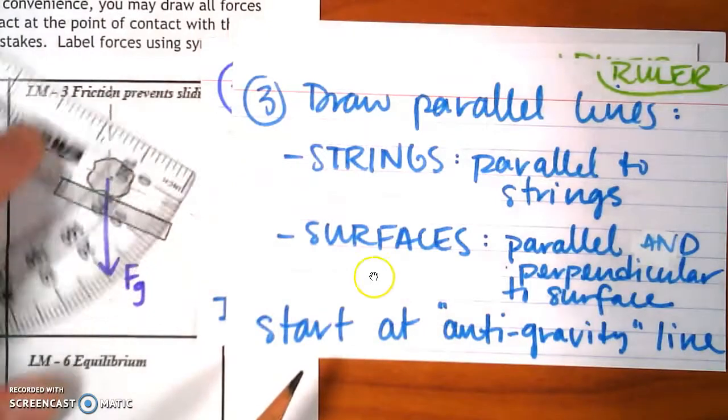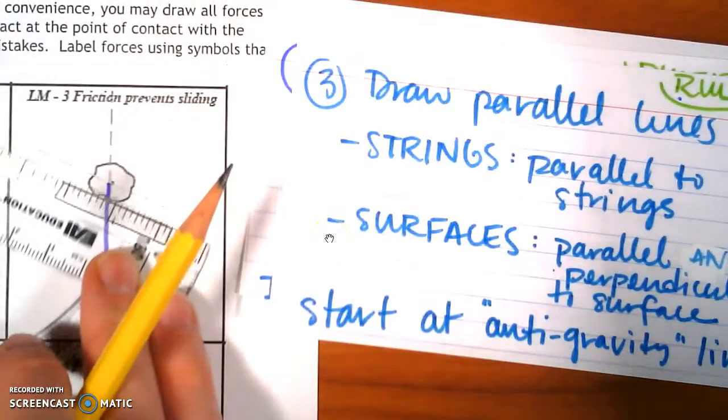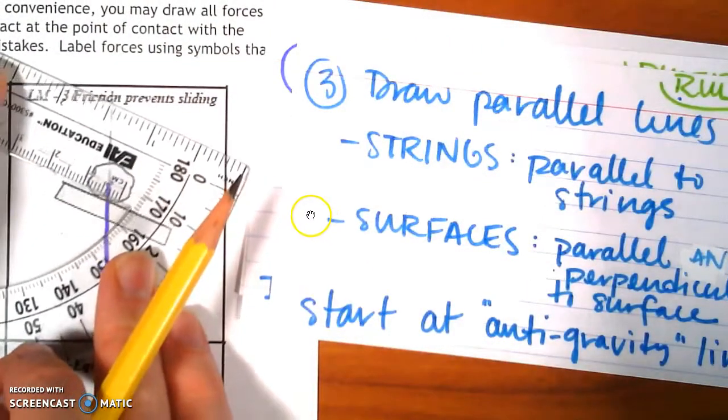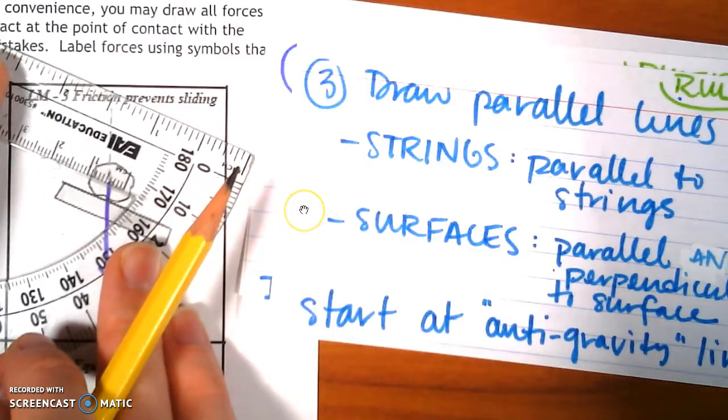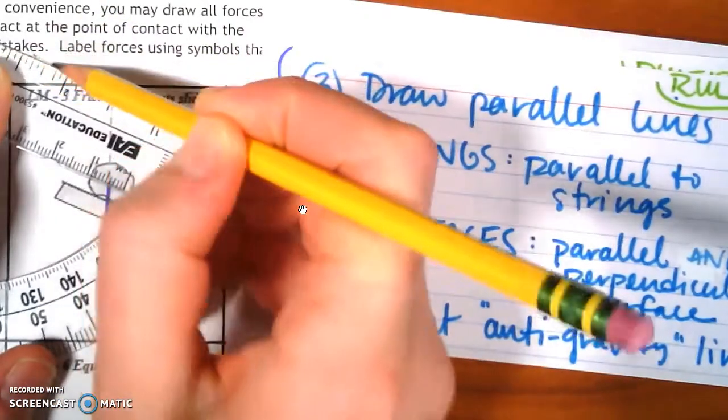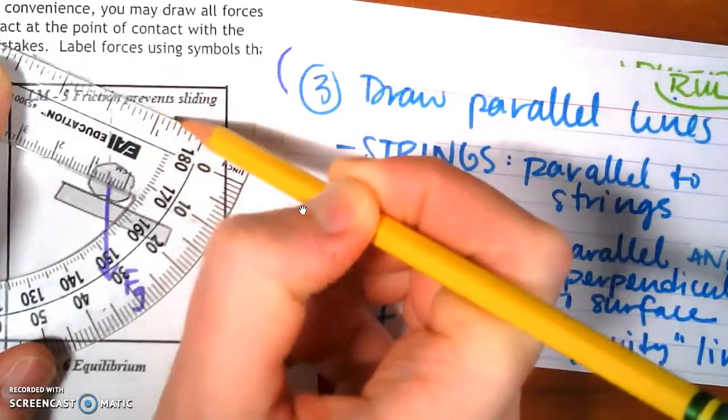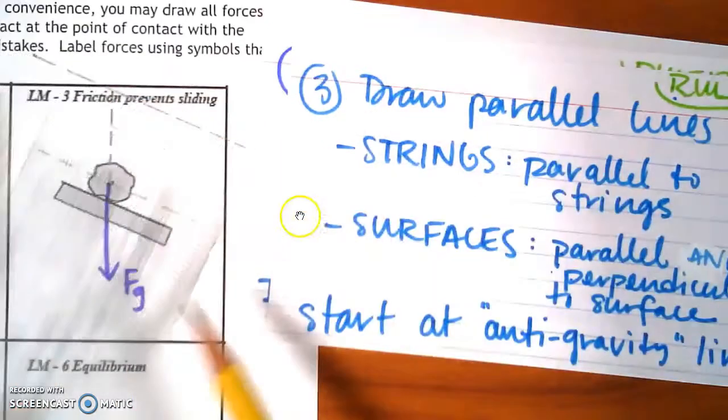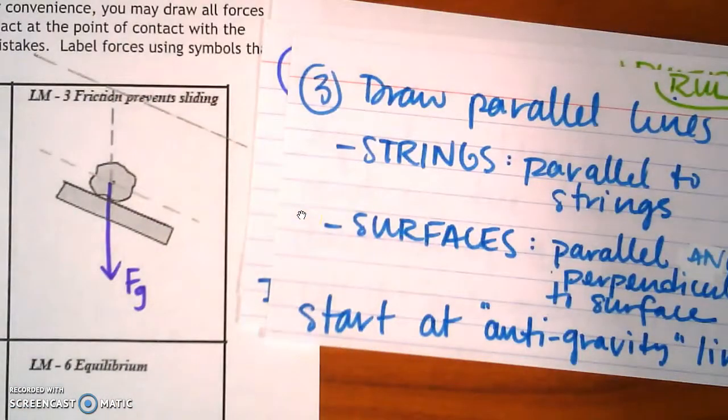And then I'm going to draw my other one, again, parallel. Sound effects help me do things. Up here at the top of my anti-gravity line. So there's my two parallel lines that are parallel to the surface.